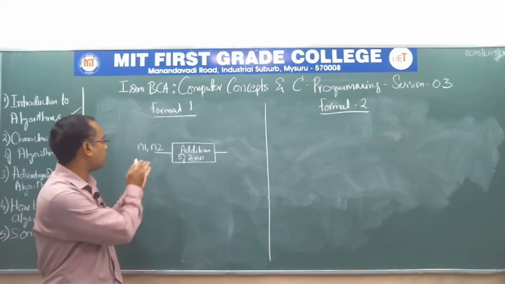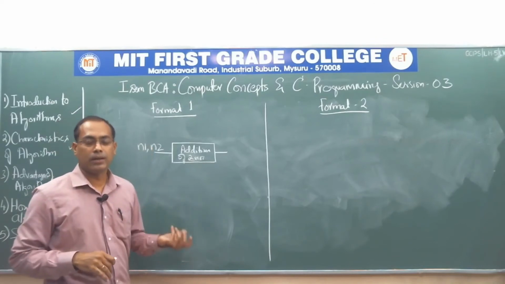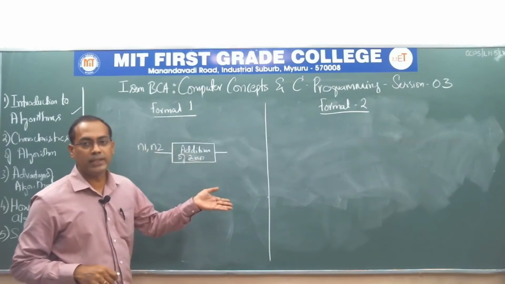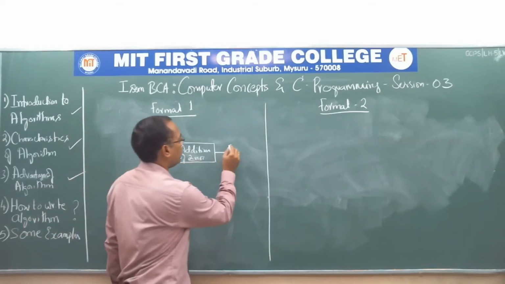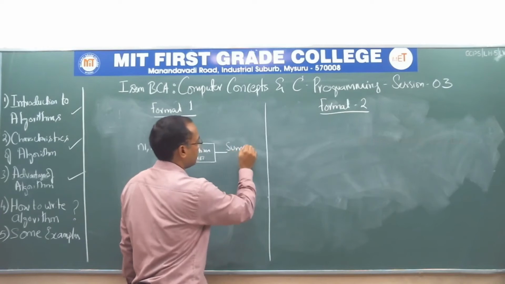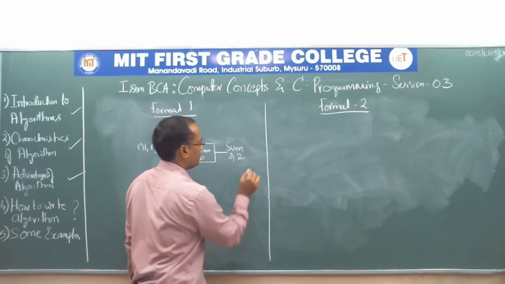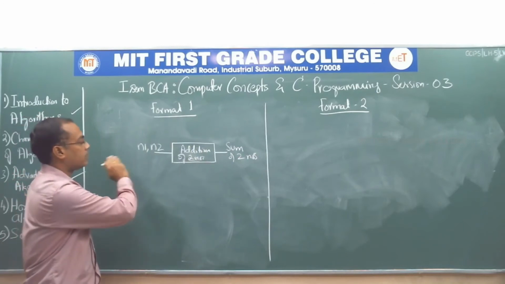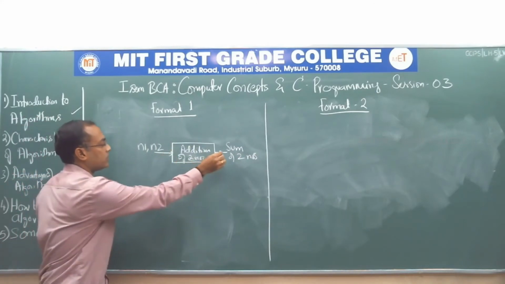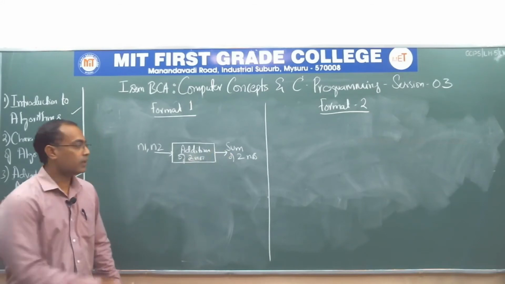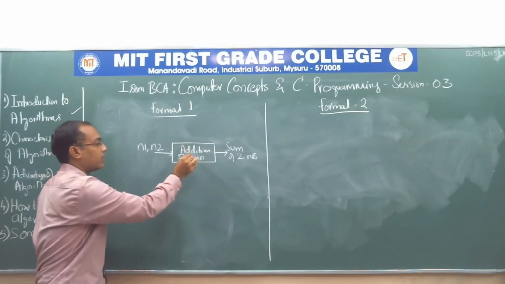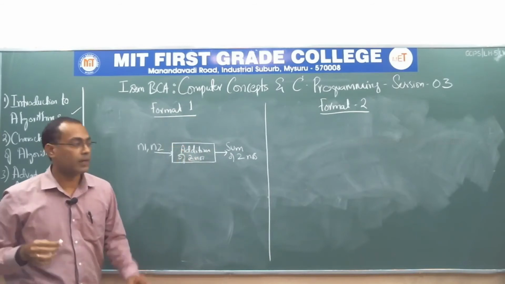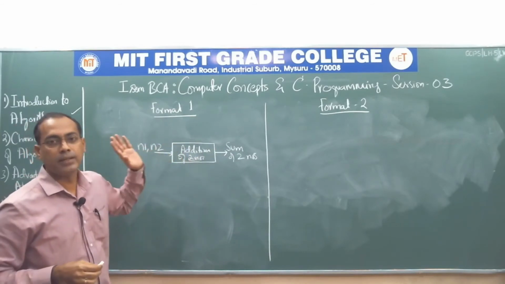It is up to you to use any characters to represent the input. And how many outputs does it give? It gives only one output, which we can call the sum of two numbers. So with this we come to know that this algorithm takes two inputs and produces one output. In this rectangular symbol we are going to represent the steps.